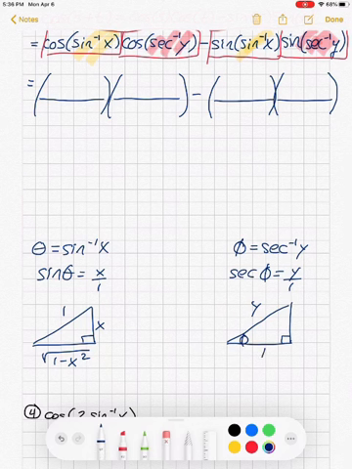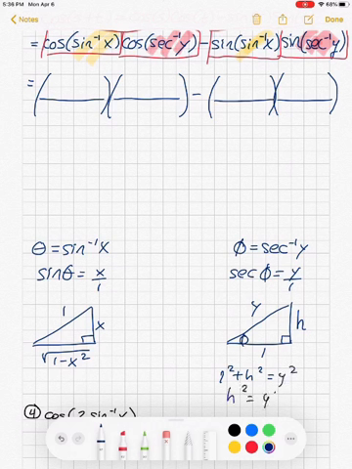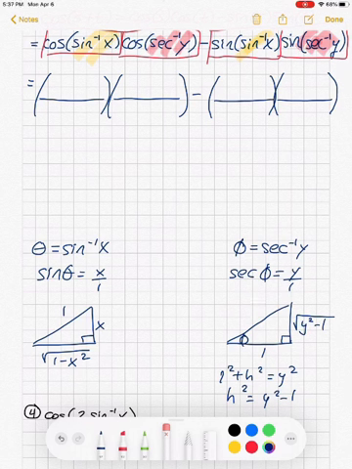Y here, 1 here. I need to find this other side, call that h. So this guy would be square root of y squared minus 1.